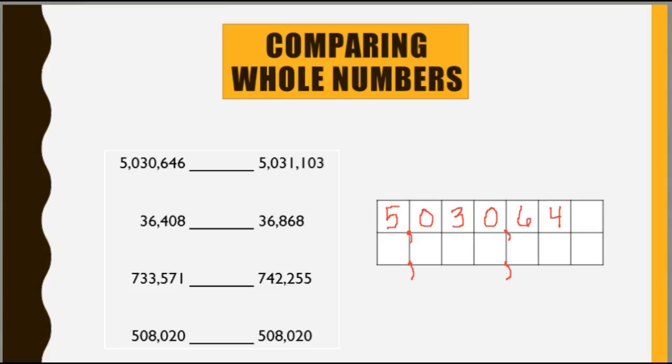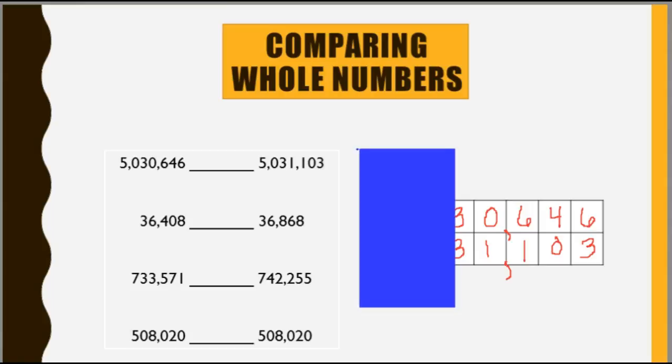Okay, so I'm going to write my first number on top. I'm going to write my second number on the bottom. Can you guys figure out already which one's bigger? If you were watching, following along, I bet you caught it.